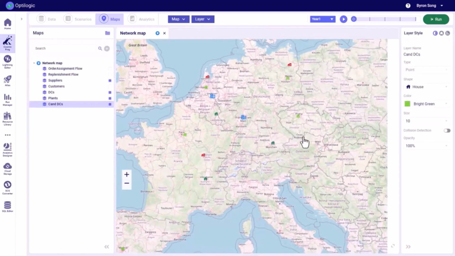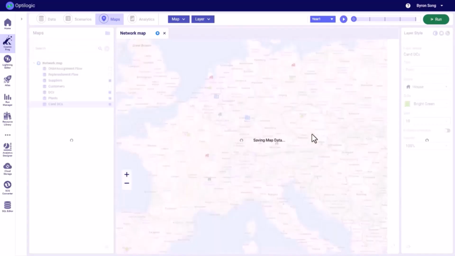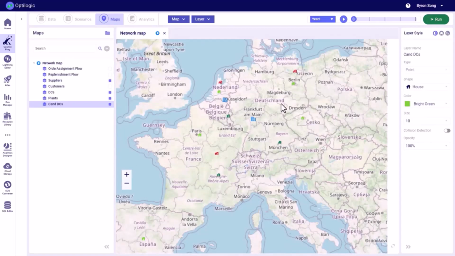So we're going to be asking the model to explore these candidate locations and recommend a number of them to be added to the network. We can also see the customer locations. I made them quite small so they're not going to be too noisy on the map. But as we discussed before, they are representing the country level demand.